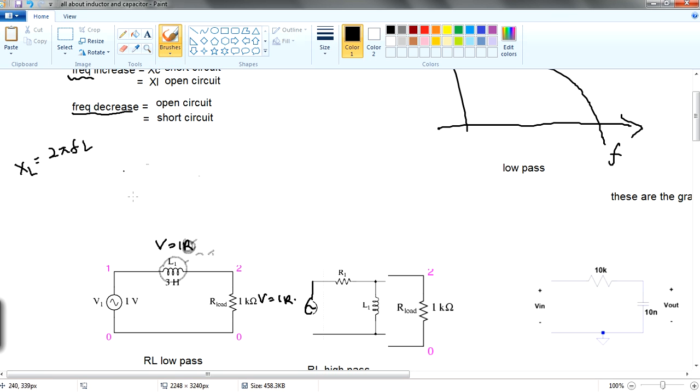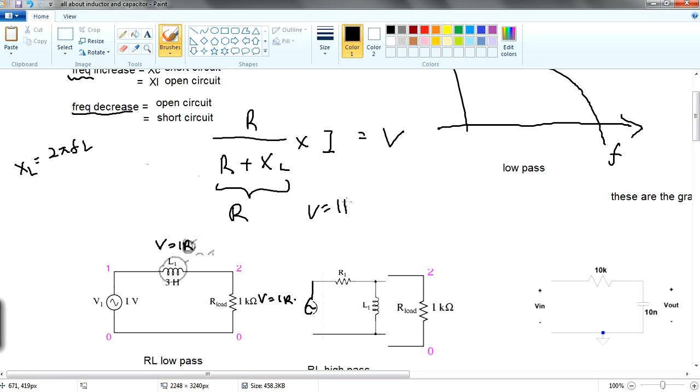Let me repeat again. So in this circuit, the whole overall resistance is R plus XL. XL contributes from the inductor, and R contributes from the resistor. Using the voltage divider rule, you get R over the total multiplied by the current equals the volt, V equals IR.